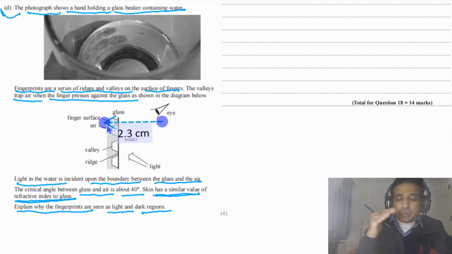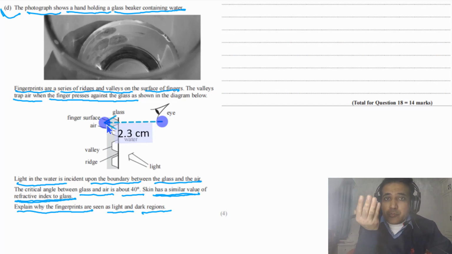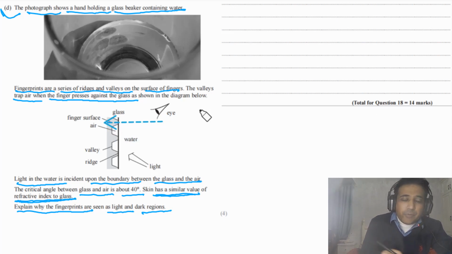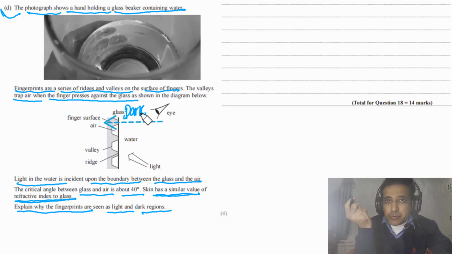So light will be transmitted because glass and skin have the same refractive index, meaning the same medium. So most of the light will be transmitted. So where the skin is, that area will appear dark because no light will be reflected back.